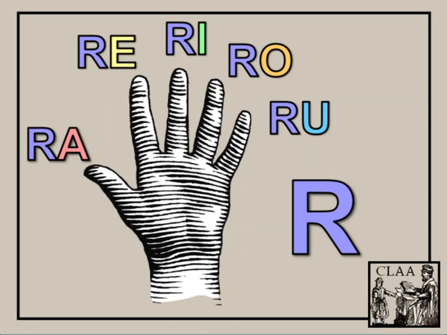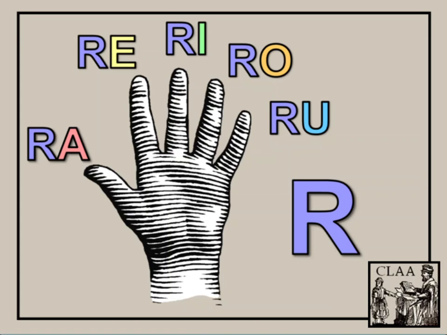Now that you can read any Latin syllable that begins with the consonant R and ends with a vowel, let's practice spelling them. I'll read a syllable and you spell it. Spell for me the syllable ru, ru.